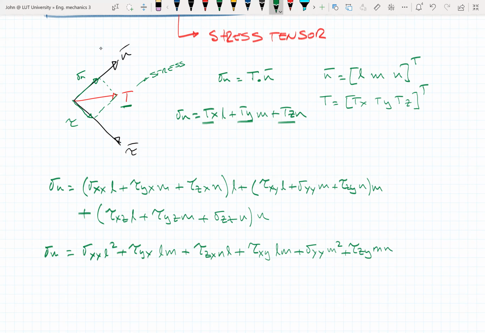I'm going to make a change here, inverting these terms because I want to have them in the order that I have written the direction cosines L, M, N. Plus tau xz L n plus tau yz m n plus sigma z n squared.